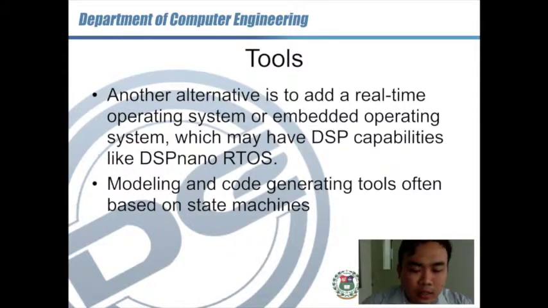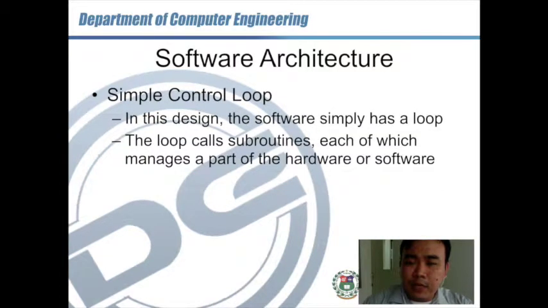Now, embedded systems have one part hardware and a second part software, and the software is categorized into architectures. You have the simple control loop, in which you just run your code over and over again.